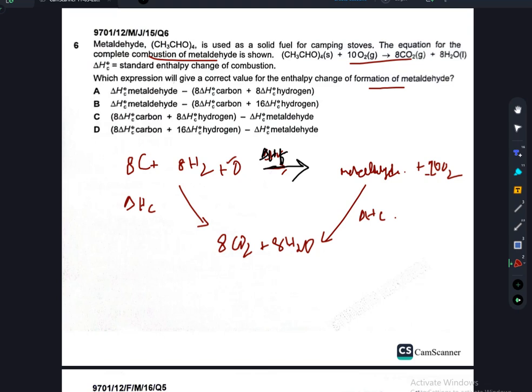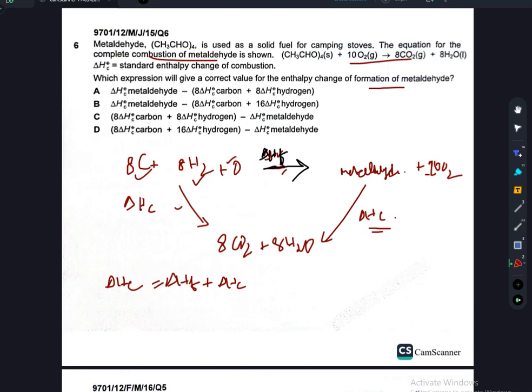So what I have to find is delta HF. According to this, delta HC of this side is equal to delta HF by vector addition plus delta HC of this side. So delta HC here is 8 combustion of carbon plus 8 combustion of hydrogen molecules. Now again I'm revising one concept here.